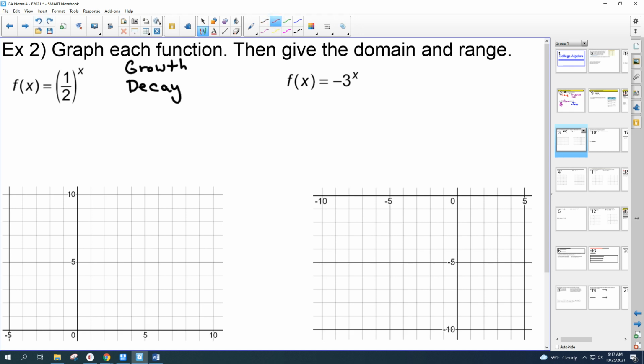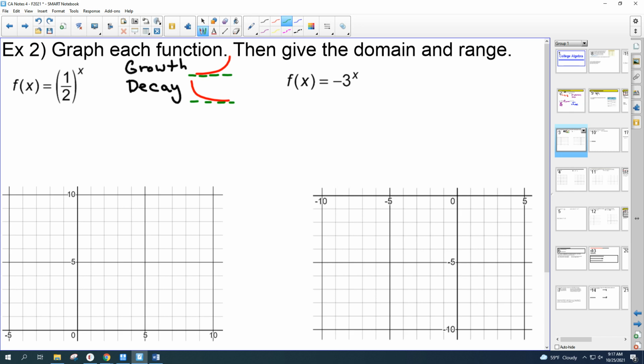And you should know that a growth is going to look like this, and a decay is going to look like this. That's kind of what it looks like. Let's make that flatter. And you're going to have something called an asymptote, which is like a boundary line. And that thing is going to stay above that boundary line, that asymptote. And that's kind of what a graph looks like.